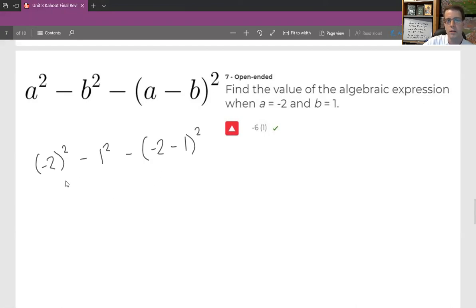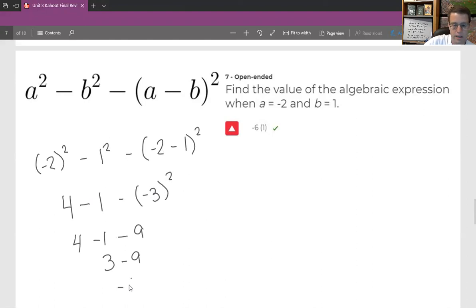Negative 2 squared is negative 2 times negative 2, which is a positive 4. 1 squared is 1 times 1. Now inside here, negative 2 minus 1 is negative 3, and that whole thing is being squared. So we have 4 minus 1 minus negative 3 squared, which is negative 3 times negative 3, a positive 9. Now piece your way through. 4 minus 1 is 3. 3 minus 9, 3 plus negative 9 is negative 6.